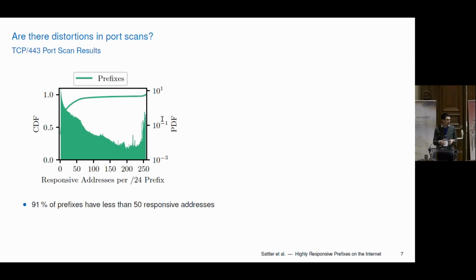What we see is that more than 90% of the prefixes have less than 50 responsive addresses. But less than 3% are highly responsive, meaning that they have more than 90% of addresses which respond inside.